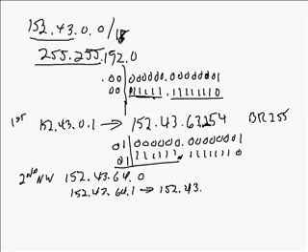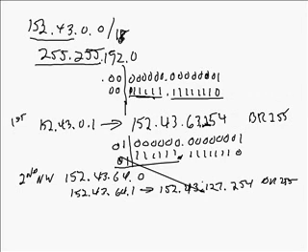Well, all of this is 255 without the 128. Oh, gee, that's 127. And of course, all this is always going to be 254. And of course, broadcast would make it 255.